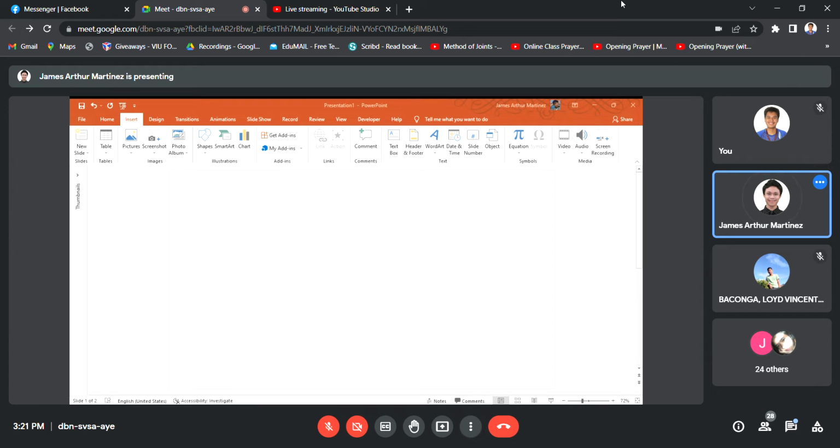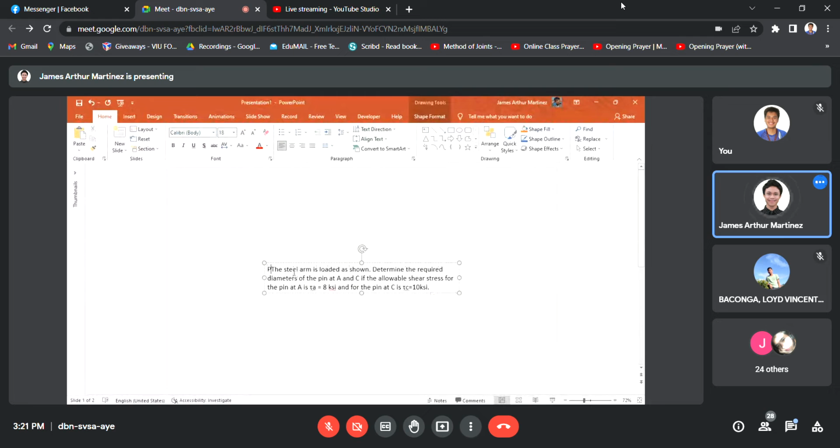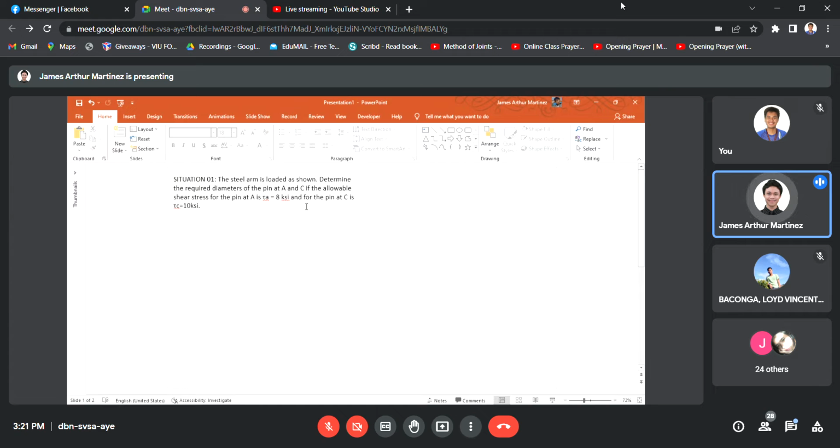Okay, so for problem solving, situation 1, we have here, I will just copy it. The steel arm is loaded as shown.